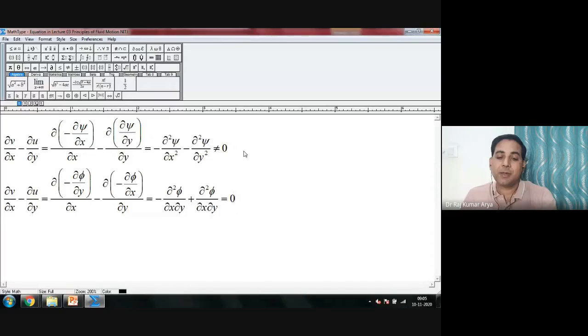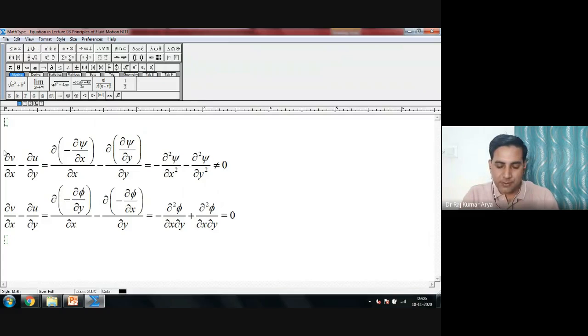Now let's say velocity potential. If you put in velocity potential, it gives zero. It means your velocity potential satisfies the irrotational flow condition. This is for the irrotational flow condition, right?